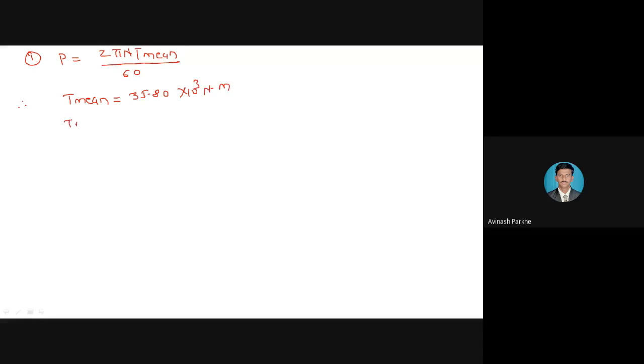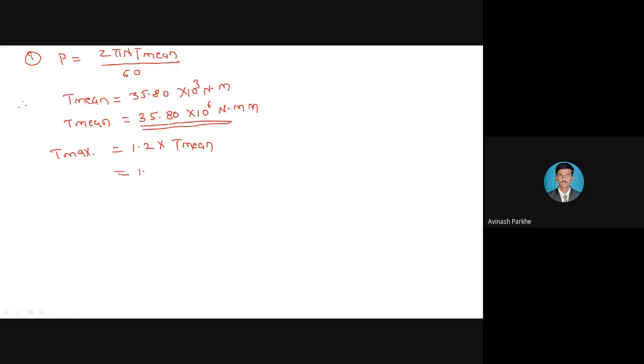Therefore, T mean is equal to 35.80 into 10 raised to 6 Newton mm. And for the T max calculation, we have the relation T max is equal to 1.2 into T mean.